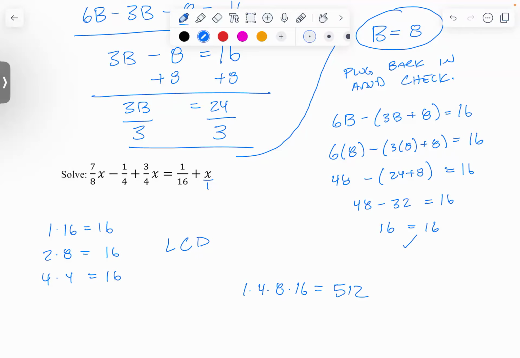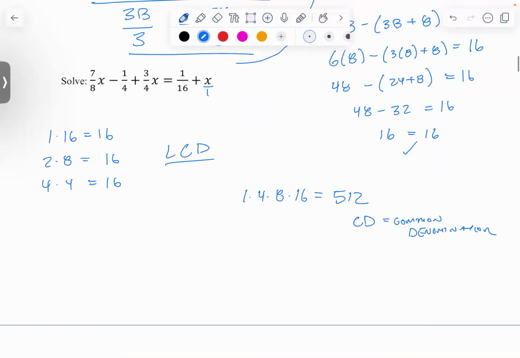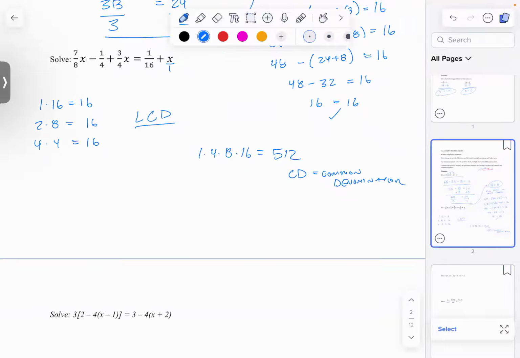It is not the least common denominator, but it is a common denominator. What we're typically looking for is the least common denominator, LCD, remembering our pre-algebra.